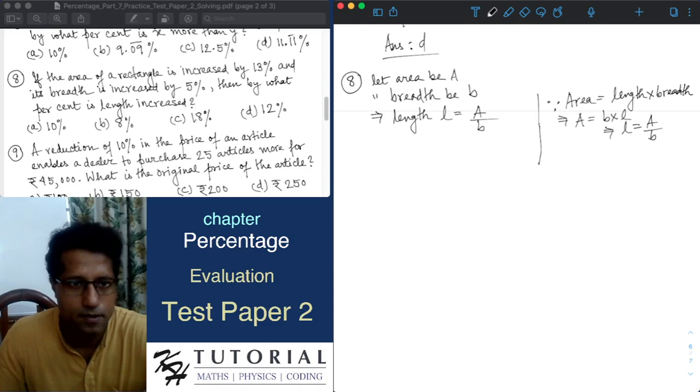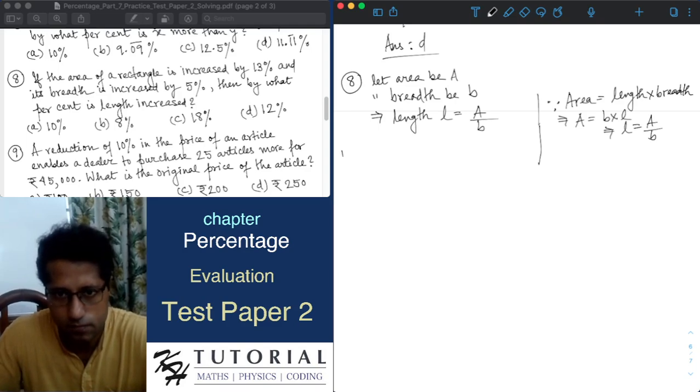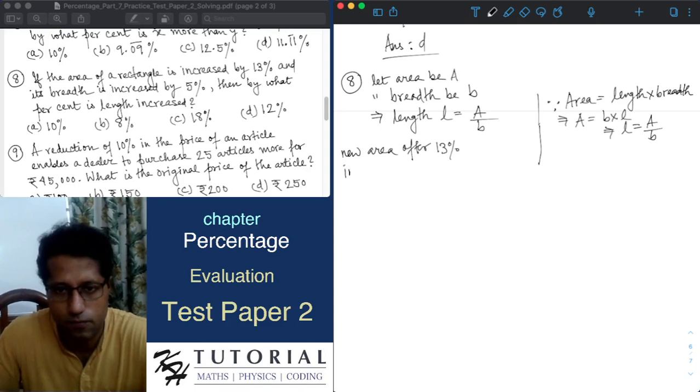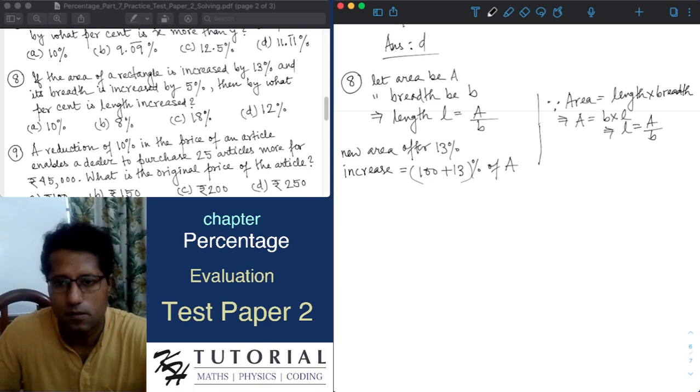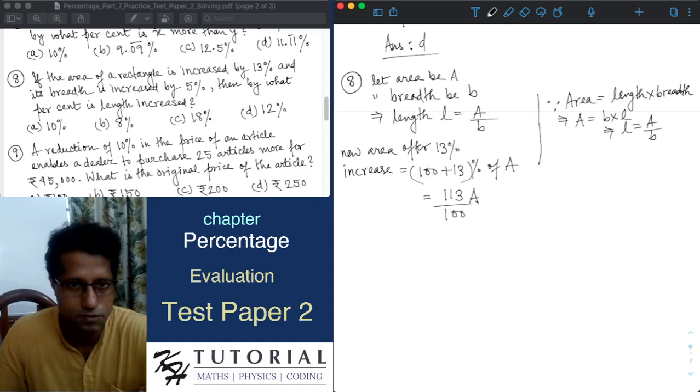So initially the area is A, the breadth is B, and the length we have found to be A by B. Now it is saying that the area of a rectangle is increased by 13%, so the new area after the 13% increase will be equal to 100 plus 13% of the previous area, that is A. This is 113 by 100 into A. Also when the area was increased by 13%, the breadth is increased by 5%.